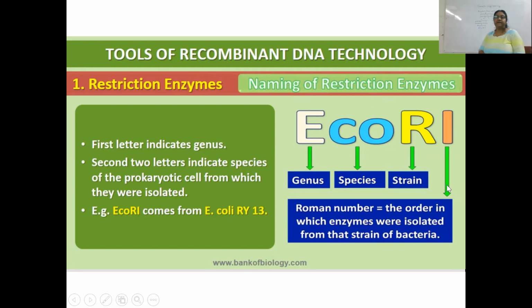You can see that the first letter will indicate the genus. The second two letters, that is eco, will indicate the species. R is restriction endonuclease, that is the strain of the restriction endonuclease producing organism, and one is the number one discovered from that specific strain.